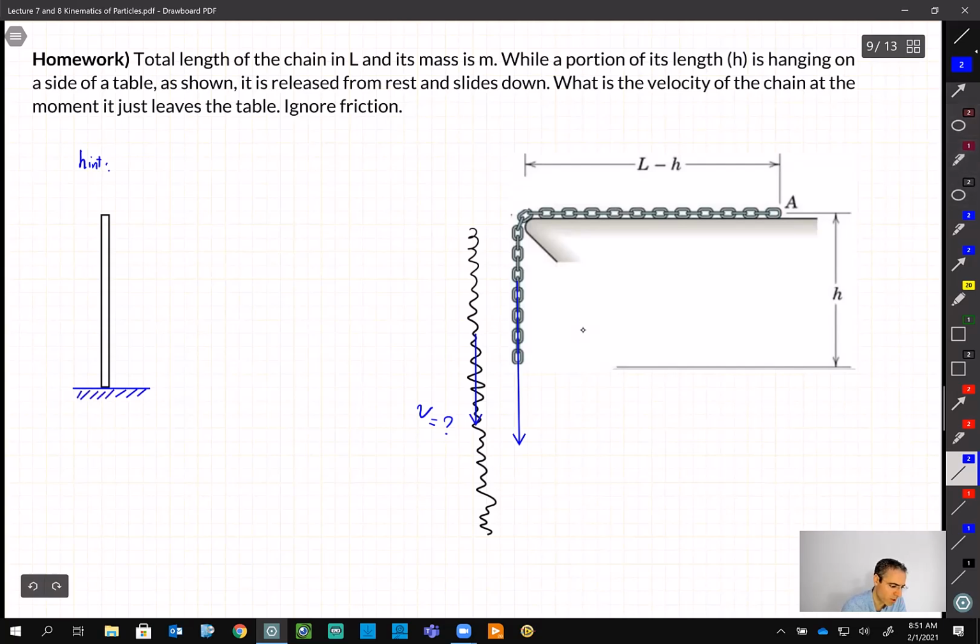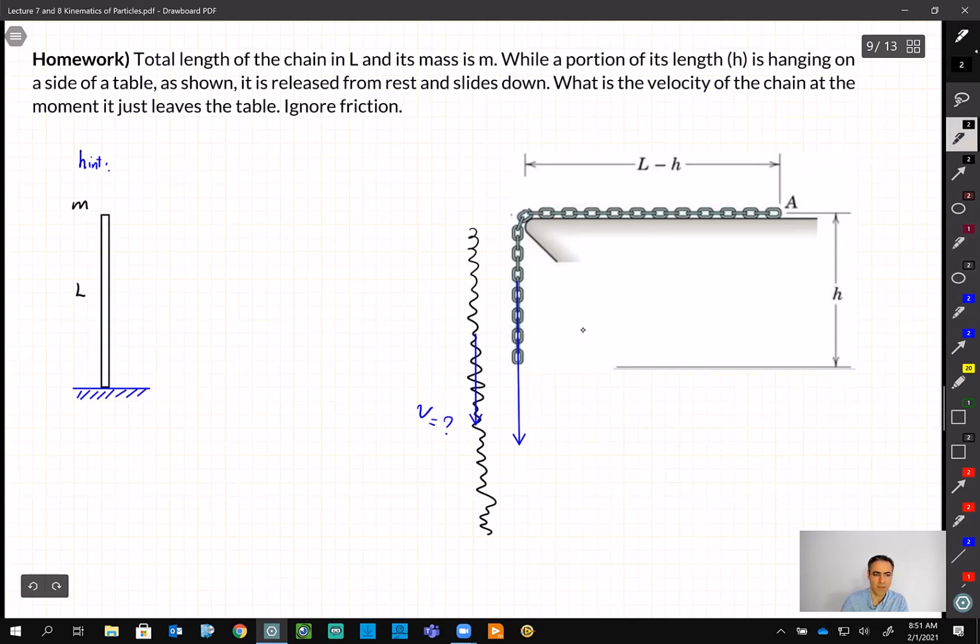And let's say this bar has a mass of m and length of L. How much is its potential energy? It's a question for you. Any idea?